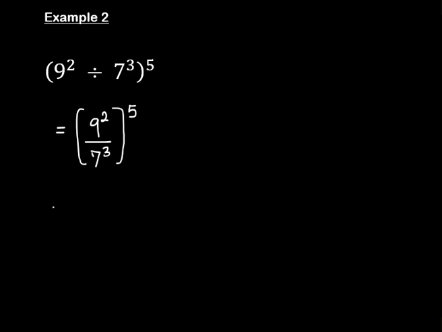So we will get 9 squared times 5 out of 7 cubed times 5. So we come up with 9 to the power of 10 out of 7 to the power of 15. Okay?